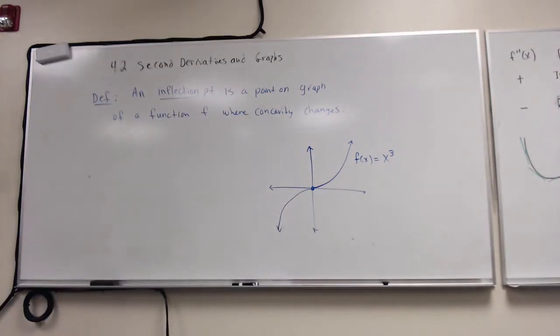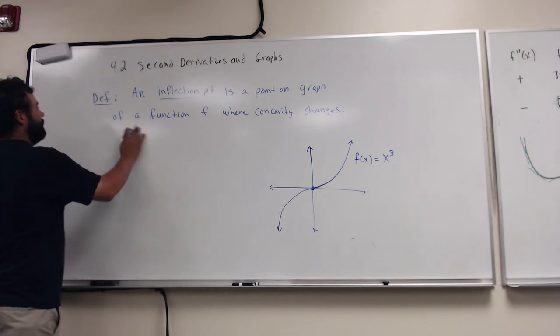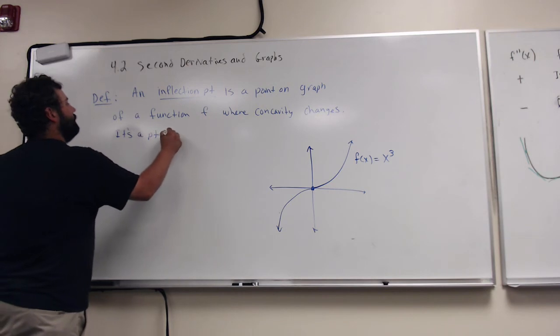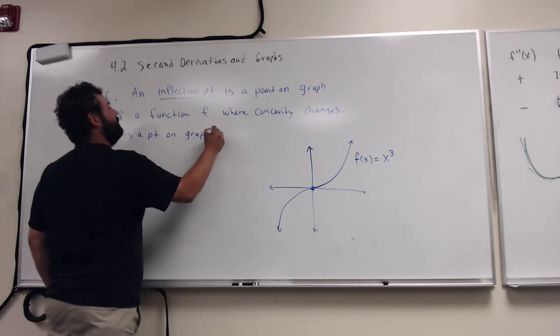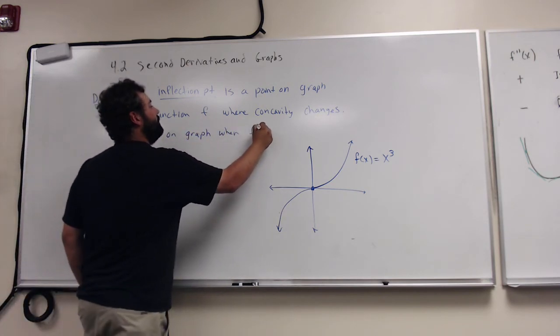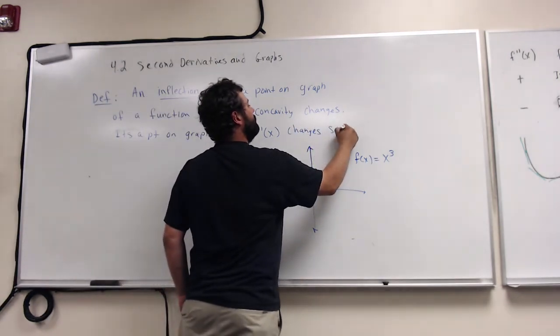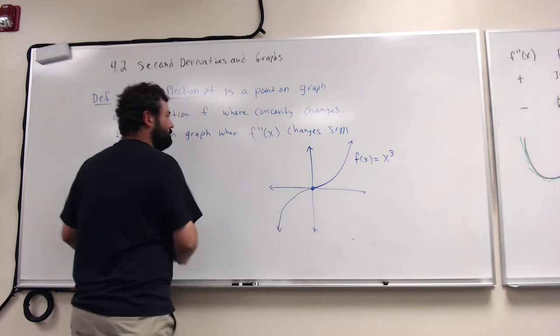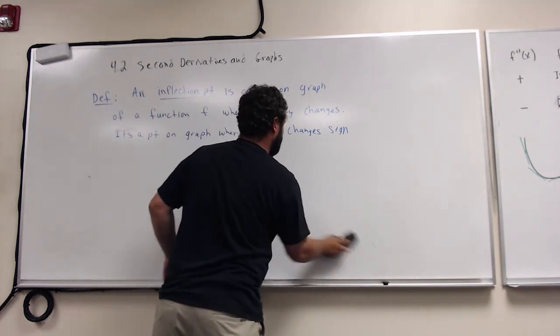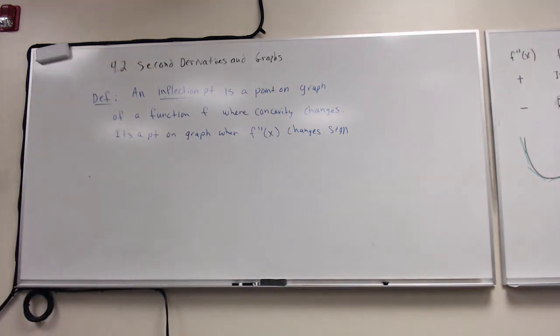And in symbol form, it's a point on the graph where f double prime of x changes sign. So wherever the second derivative changes sign at a number in the domain, that's what we call the inflection point.